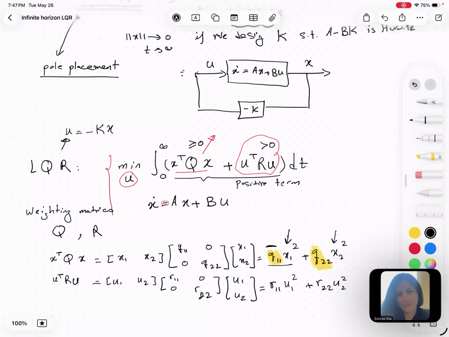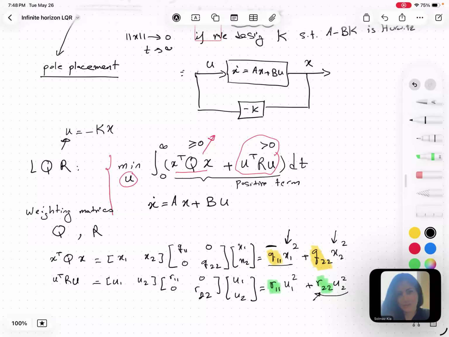The same way, you can weight the importance on the input channels. So for example, if control channel 2 is more expensive, I'm going to penalize it more. So a small amount of U2 is going to have a large value because of the large R22 that I am going to use.